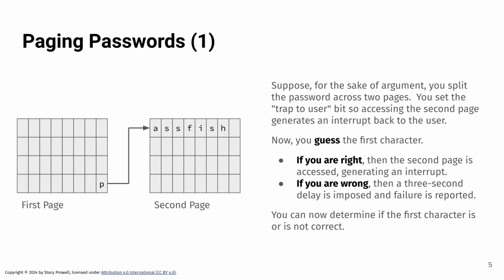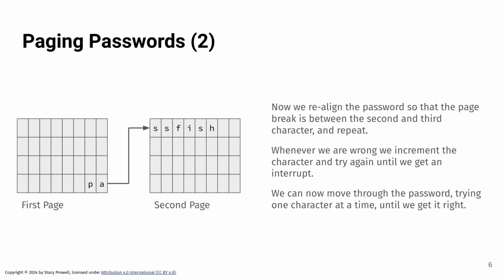What about the second character? I just shift the password over one spot. So I know the first character is right. It then checks the second character, and either it goes on to the next page or it reports an error. And I play the same game until I have pushed the entire password through and guessed it.